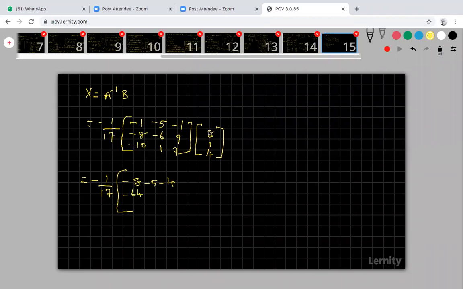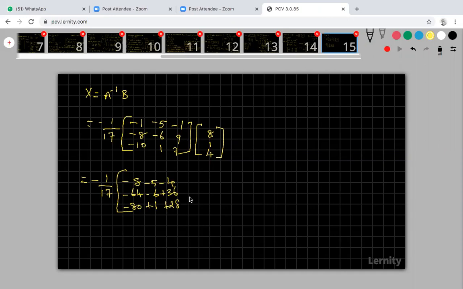This is -8 into 8, that is -64. This is -6 into 1, -6, and 9 into 4, that is plus 36. This is -10 into 8, -80, and 1 into 1, that is 1, and 7 into 4, 28.